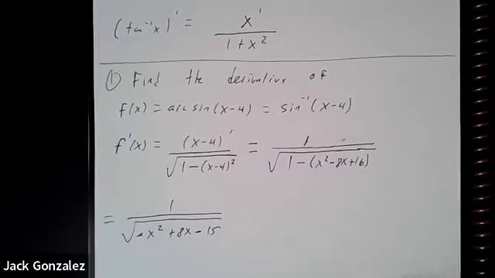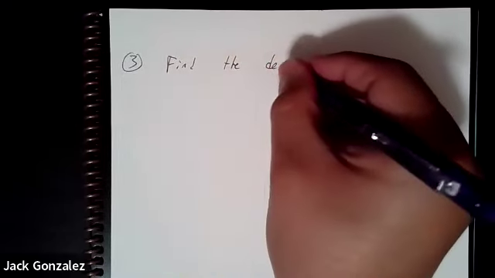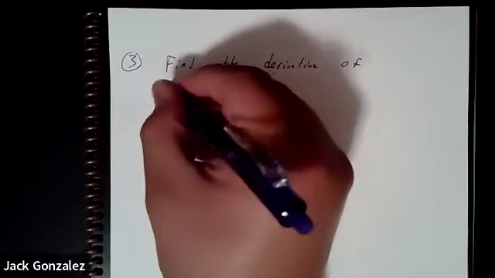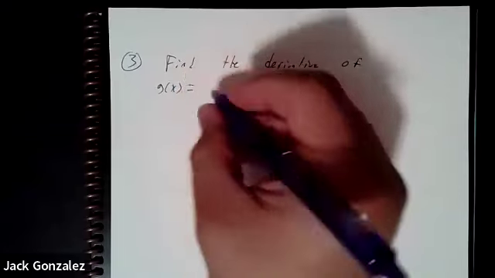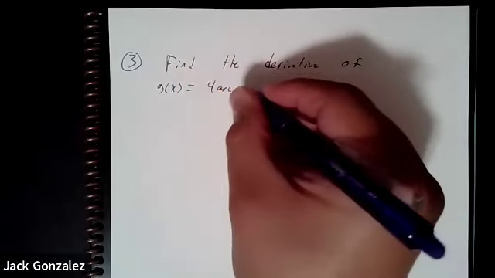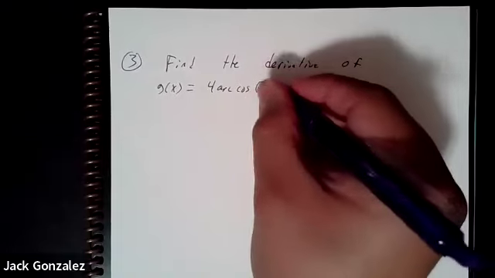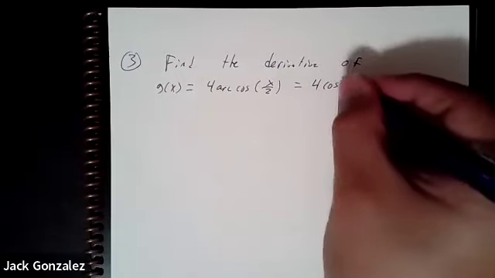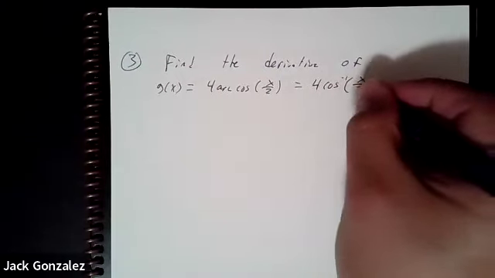Okay, so let's do another one. Number 3. Find the derivative of g of x equal to 4 arc cosine of x over 2, which is the same as 4 cosine inverse of x over 2.